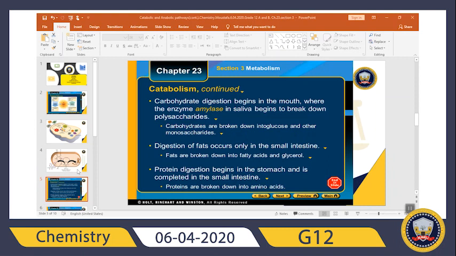The second one is protein. As we explained before, protein starts to be digested in our stomach by the enzyme pepsin. Then it completes the digestion process in the small intestine through the trypsin enzyme.